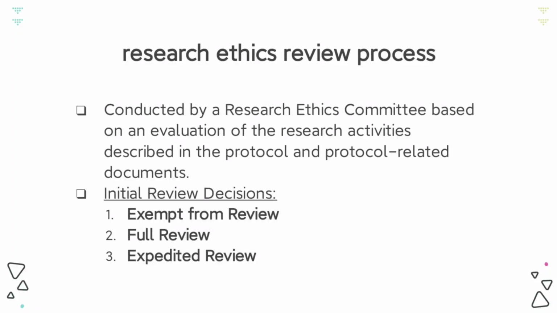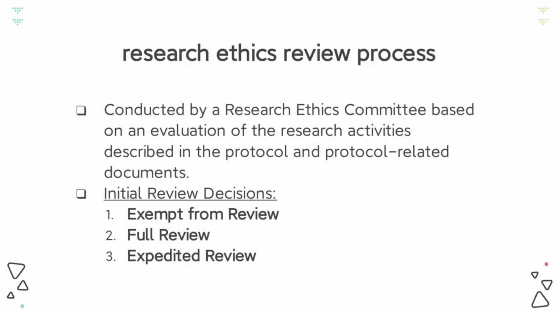The research ethics review process is conducted by the Research Ethics Committee based on an evaluation of the research activities described in the protocol and protocol-related documents. So, before any research can be conducted, it must undergo what we call the research ethics review process. Usually, the review is done by an independent research ethics review committee. Here in AUF, we have the REC, the Research Ethics Committee.